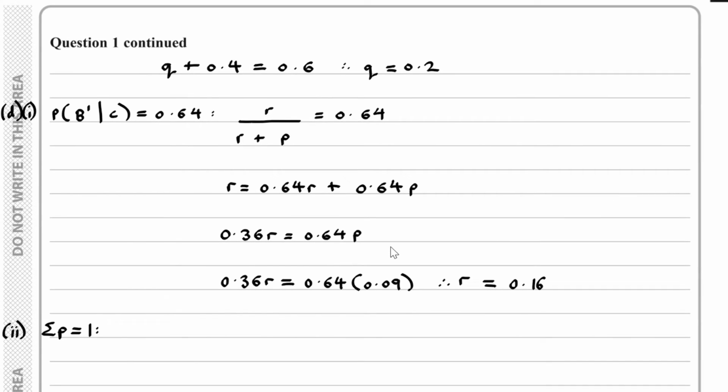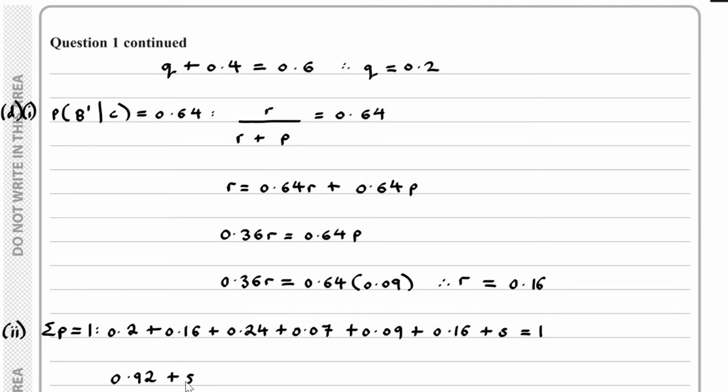So if we add those values together, we get 0.2 plus 0.16 plus 0.24 plus 0.07 plus 0.09 plus 0.16 plus S. This is equal to 1. And if we add up all these numbers, we get 0.92 plus S equals 1, and therefore S is equal to 0.08.